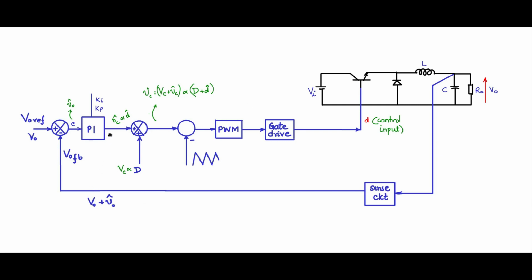So you see here the PI controller is only handling the hat terms. It is only handling the deviation terms, which are small signal terms, and the nominal steady state operating point is given from the model, because D is equal to V0 specified by Vi measured. So D is a feed forward term here.